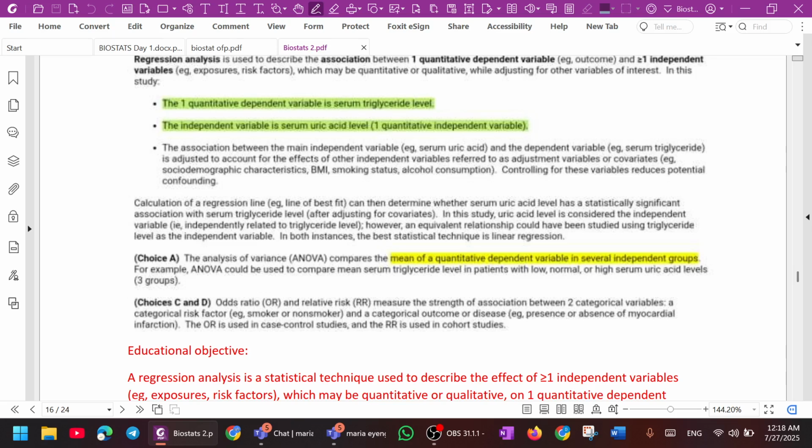The odds ratio is used for case-control studies and the relative risk for cohort studies. Does it make sense why it's not relative risk? Yes. Up next.